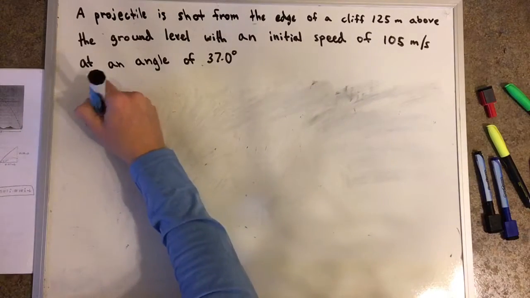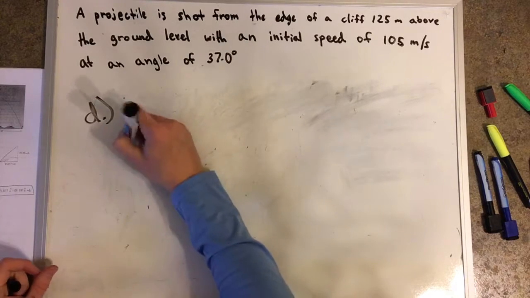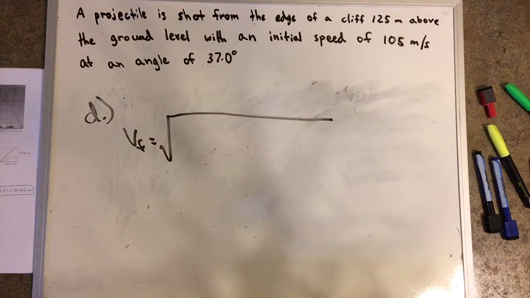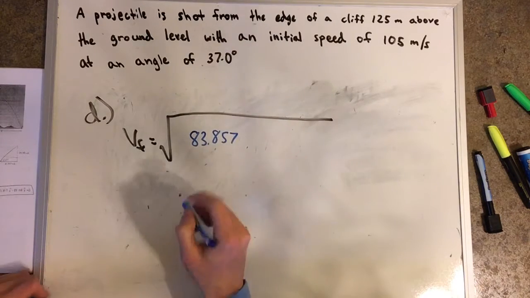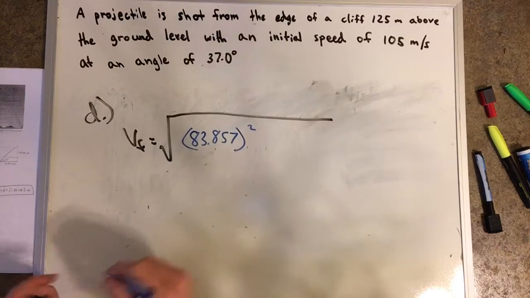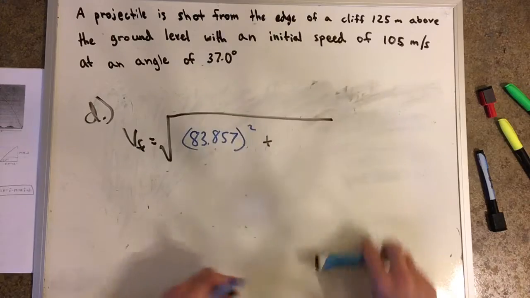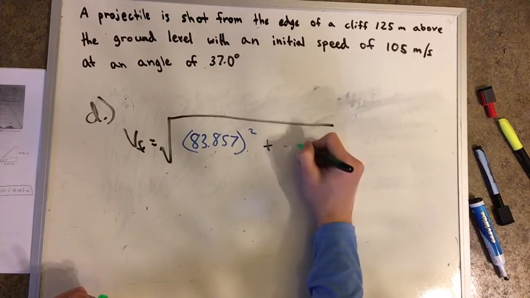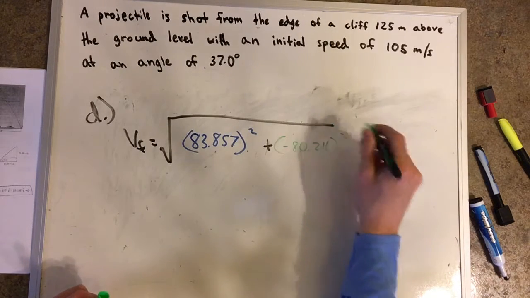Part D. Formula is Vf equals square root of 83.857 squared plus negative 80.216 squared.